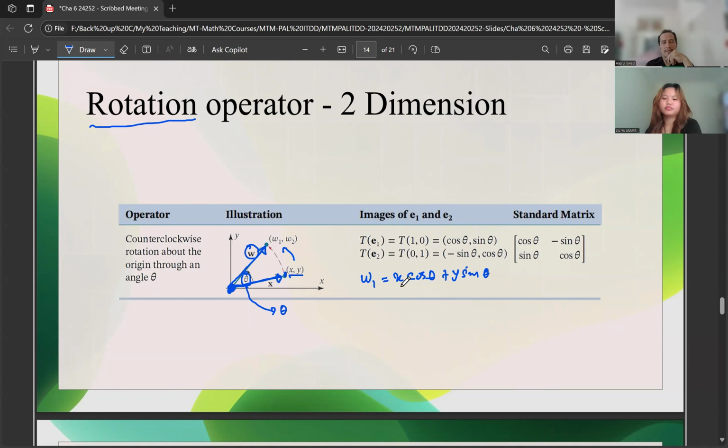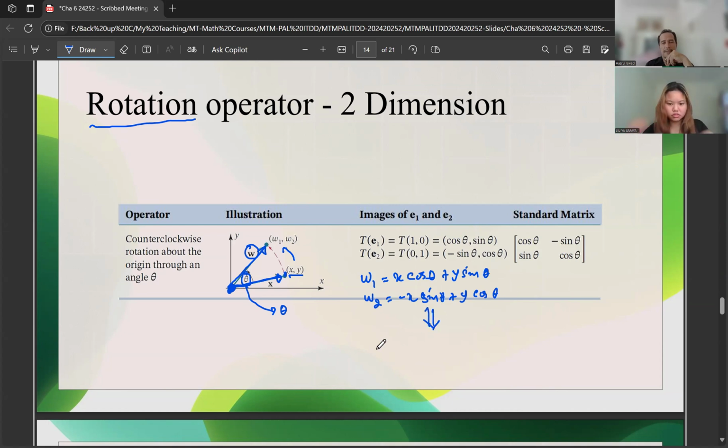We can derive the formulation, but to make it short for you, I give you the formulation directly. I don't scratch it for you. And W2 will be minus x sine theta plus y cosine theta. So we have that.